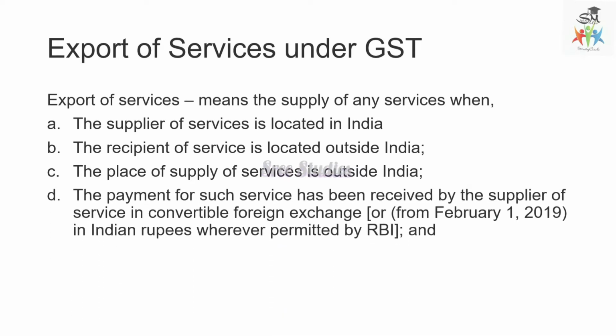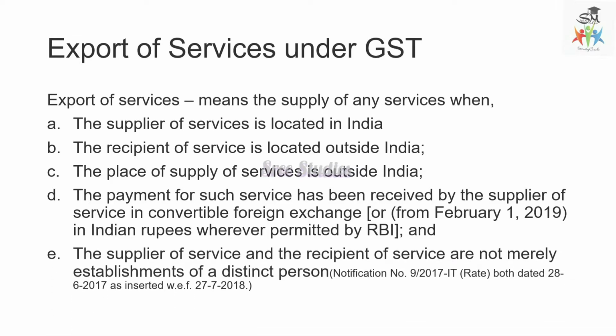Also, the payment for such services has been received by the supplier of service in convertible foreign exchange, as given under the notification. And the supplier of services and the recipient of services are not merely establishments of a distinct person, which is also given under the notification in the year 2018.